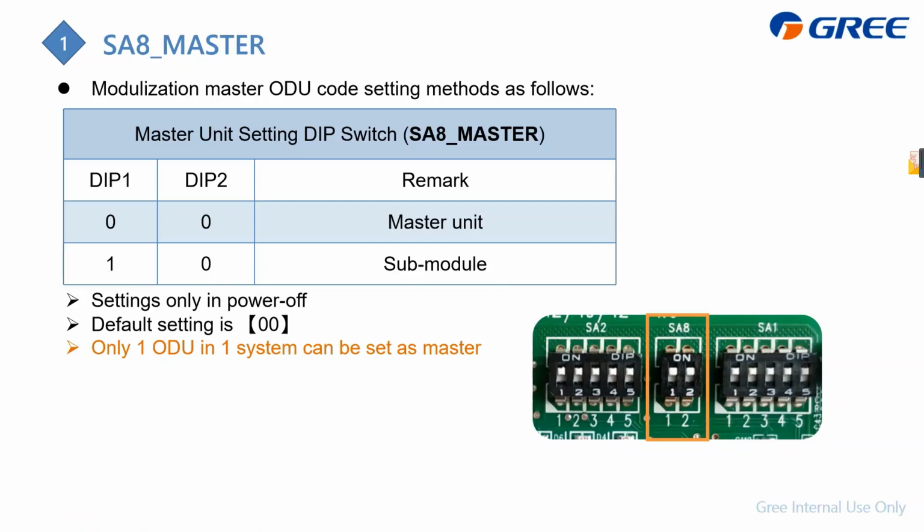That's very important. The slave module is 10, not 01, and not 11. Only 10 is slave, and 00 is master. And for one system, there is only one master outdoor unit.